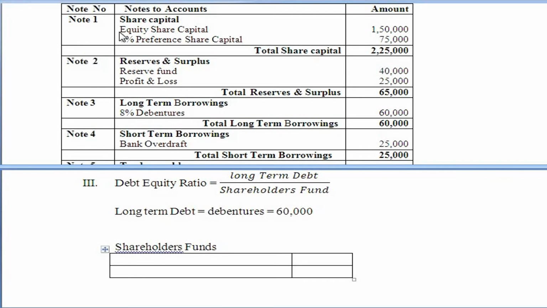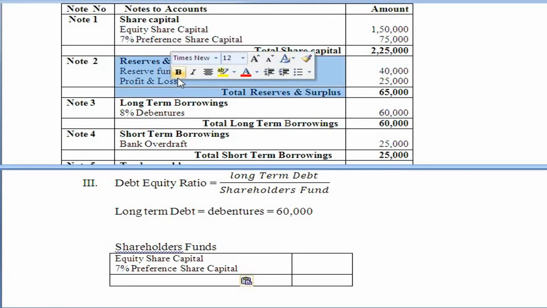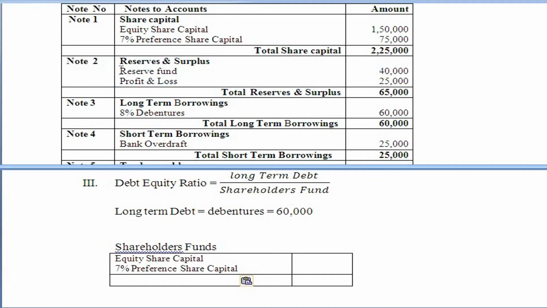First is equity share capital, next one preference share capital. These are the two share capital we have here. Next one, reserve fund and profit and loss account.